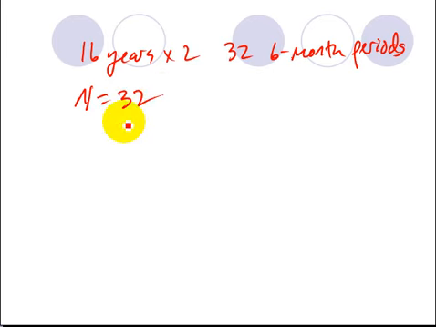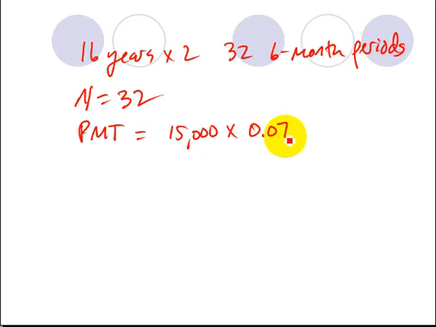We need to figure out what the payment is. The payment is the $15,000 times what? Well, these have a 14% annual coupon, and that gives us 7% every 6 months. So the payment is going to be 7% of $15,000.